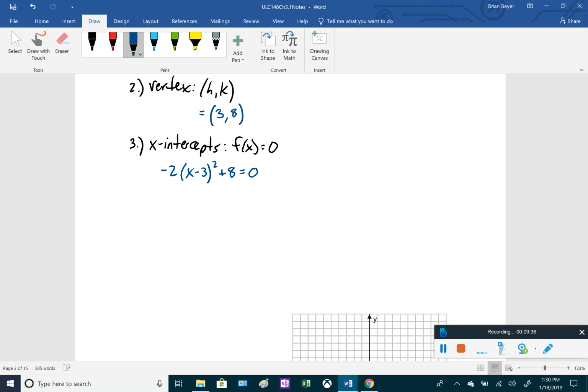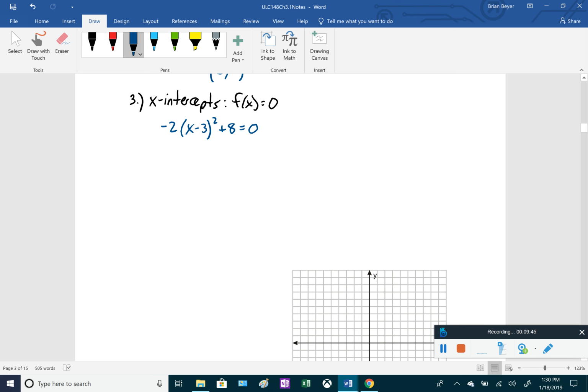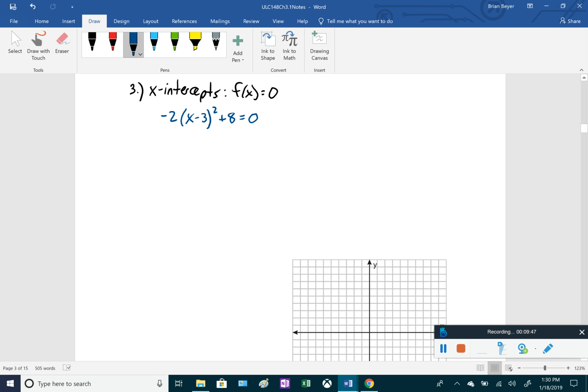These ones are going to involve using the square root property. So we're going to solve for that x minus 3 squared term, and then we're going to square root both sides. I'm going to subtract 8 on both sides. That gives us negative 8 on the right. Divide both sides by negative 2. The negative 2 cancels on the left, and on the right, negative 8 divided by negative 2 gives us 4.